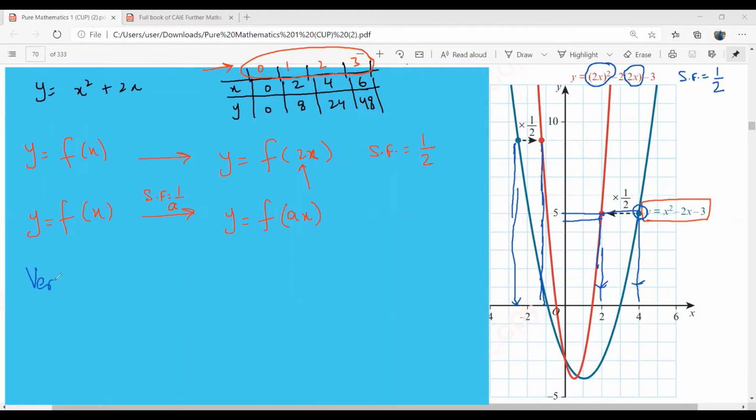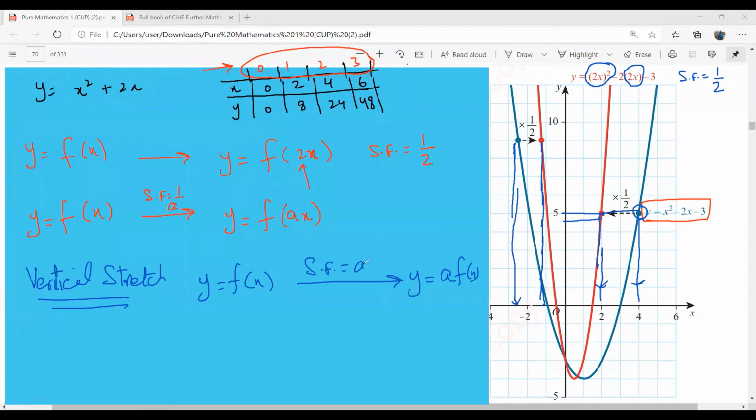If you have a vertical stretch, there is no problem. Your y equal to f of x goes on to y is equal to a f of x, and the scale factor is a. Your new y coordinates would be a times the original y coordinates.